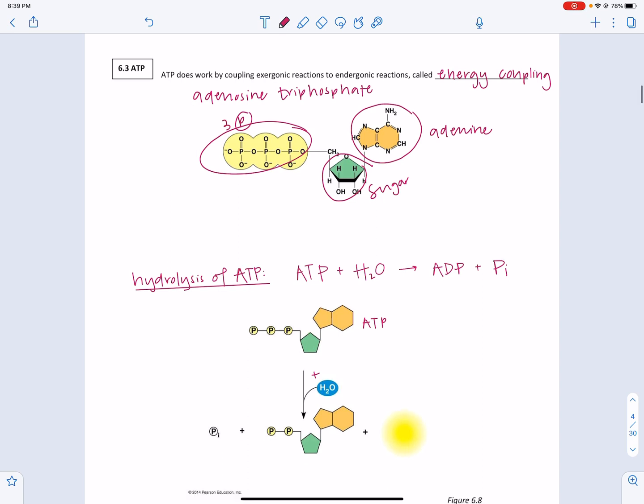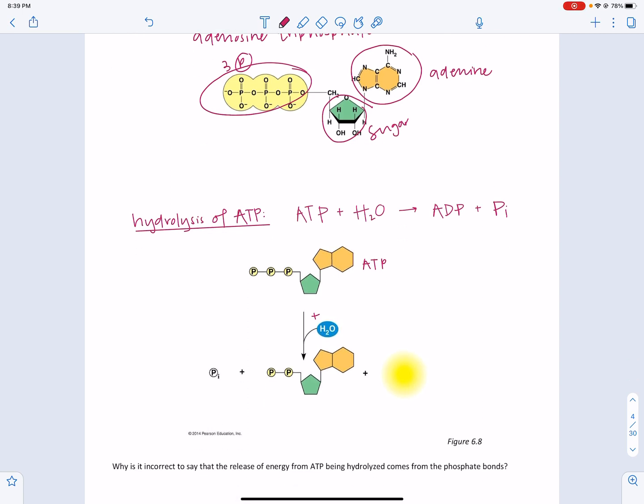When we talk about the energy-releasing reaction that powers cells, we call it the hydrolysis of ATP. Hopefully you remember that hydrolysis is using water to split molecules. The opposite is dehydration synthesis, where you remove water in order to bond molecules together.